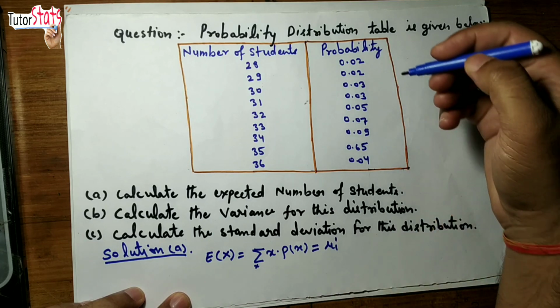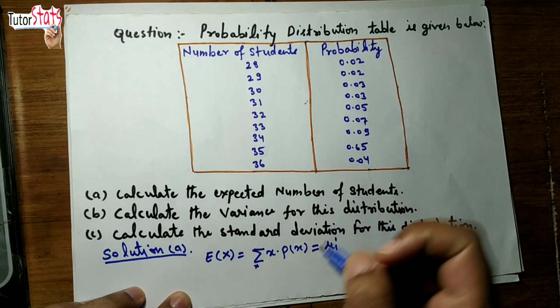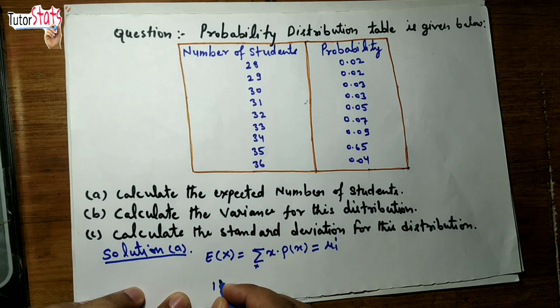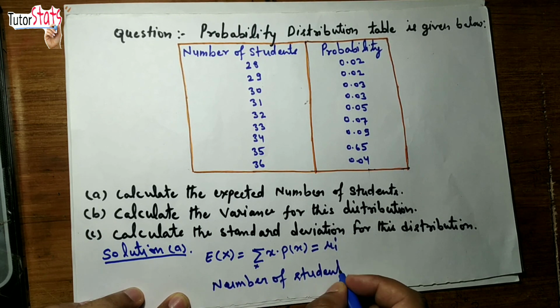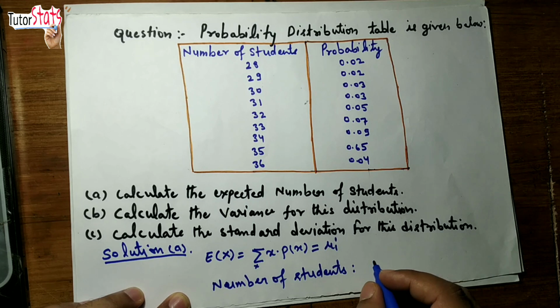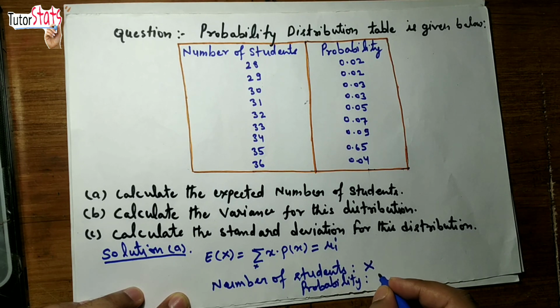Here in the table, the number of students is represented by the x variable, and probability is represented by p, right?